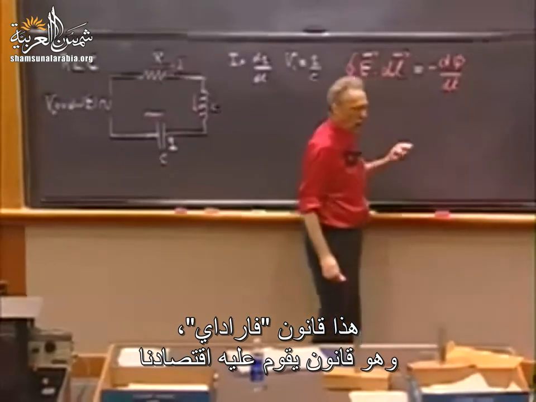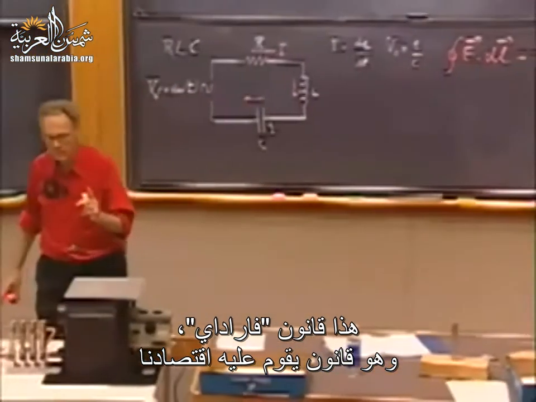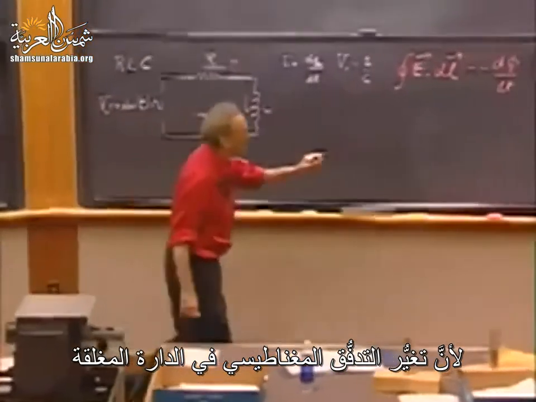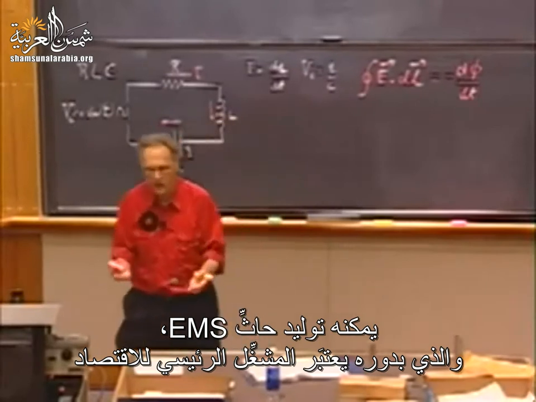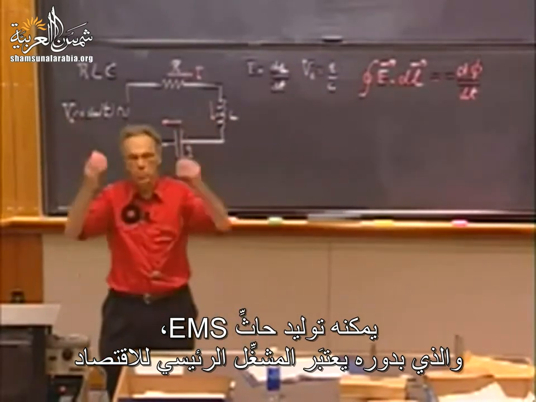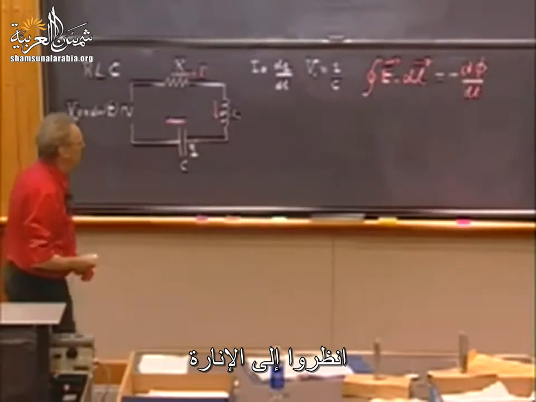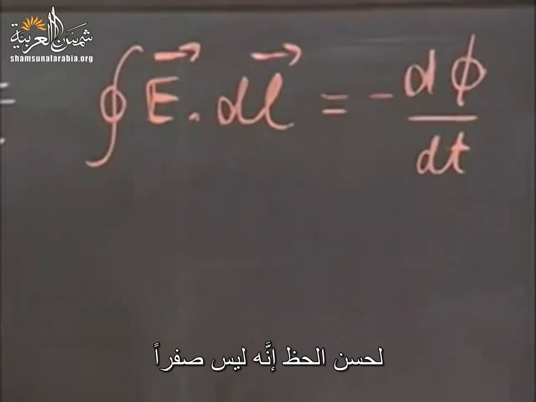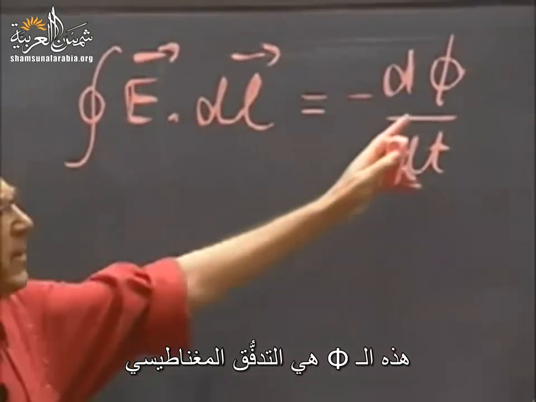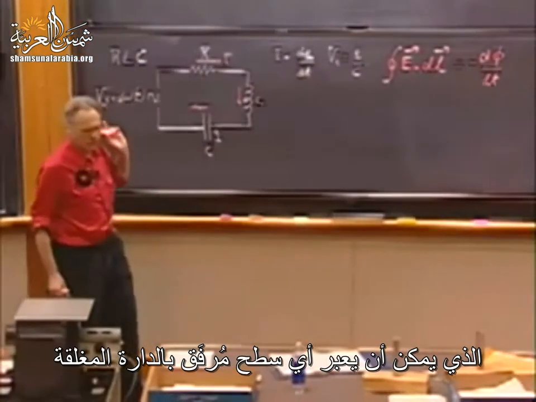This is Faraday's law, and this runs our economy. Because of a magnetic flux change in closed loops, we can generate induced EMFs which run our economy. Look at the lights. Luckily, this is not zero. This phi is the magnetic flux that goes through a surface, any surface that you can attach to this closed loop.